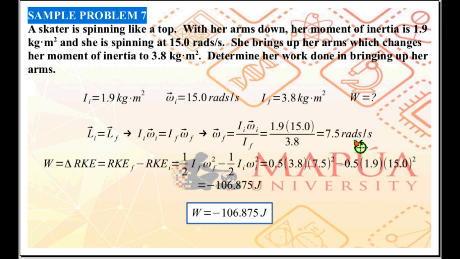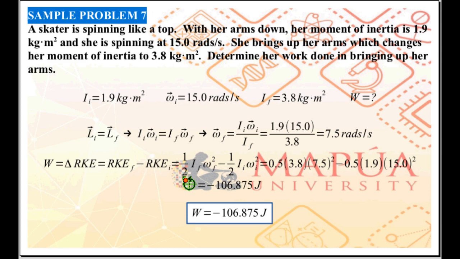Knowing now the final velocity of the skater, we are now able to determine the work done by the skater in changing her kinetic energy: RKE final minus RKE initial.